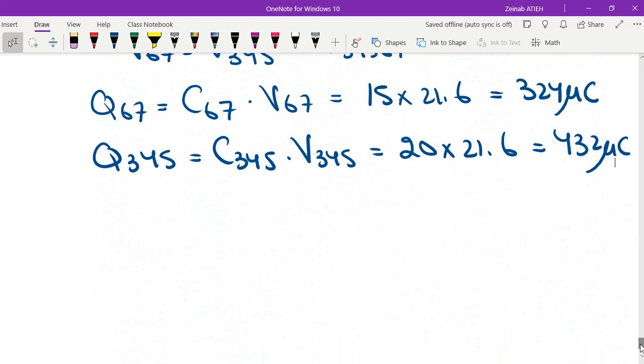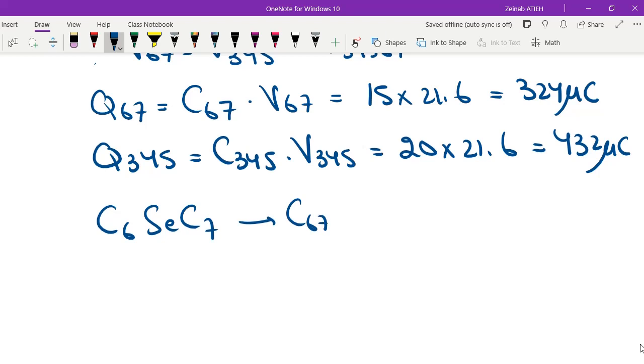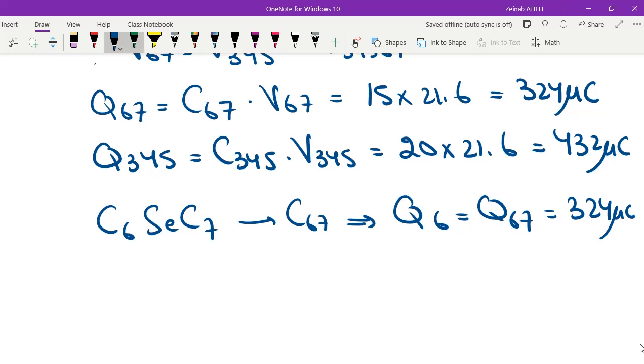C6 was in series with C7, which gives me C67. This implies Q6 is equal to Q7. I don't care about Q7. It is equal to Q67, which is equal to 324 microcoulomb. This way I have found the Q6 that I want. Okay, so this is Q6.